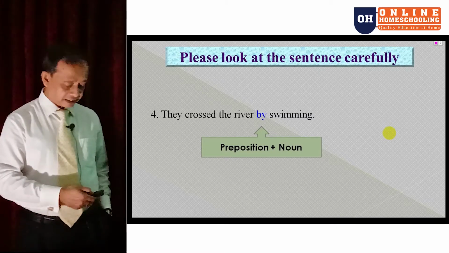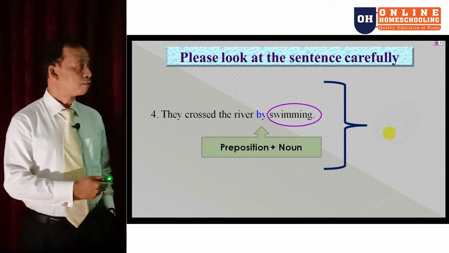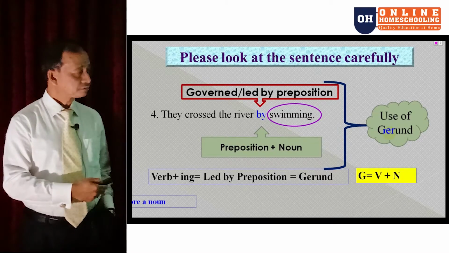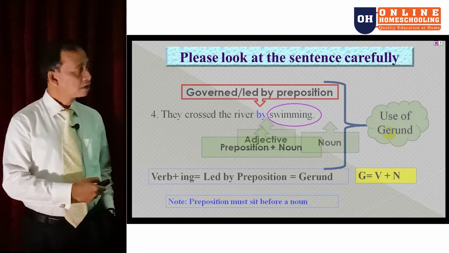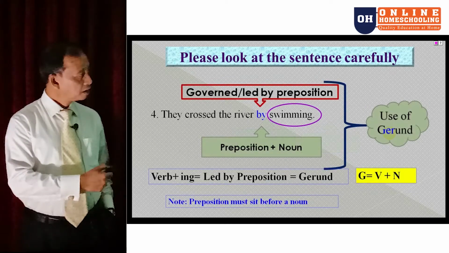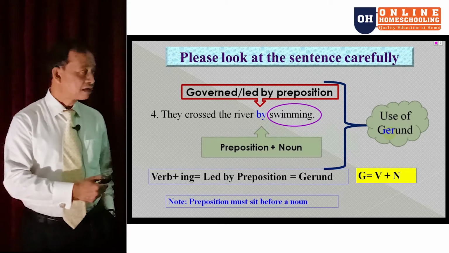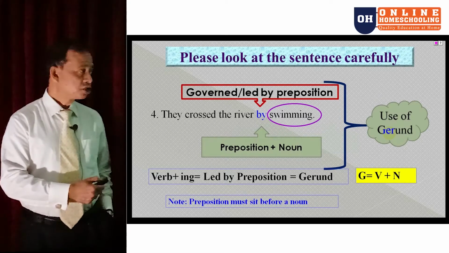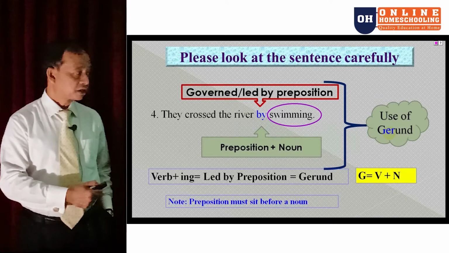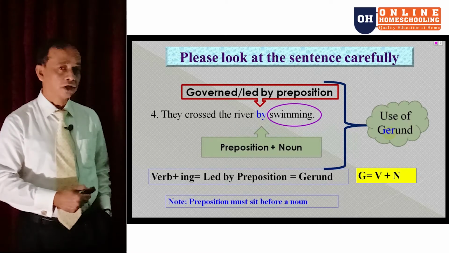So this type of gerund, we say that it is governed by a preposition. Look here: they crossed the river by swimming. This swimming is led by a preposition, governed by a preposition, and this preposition is sitting before swimming.